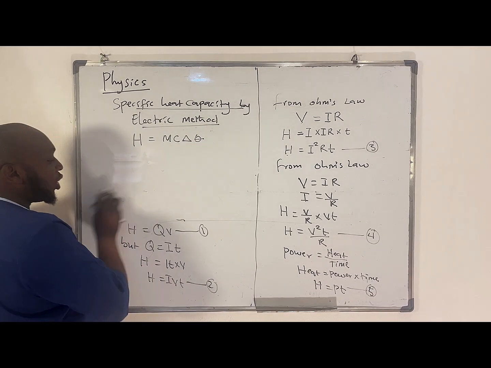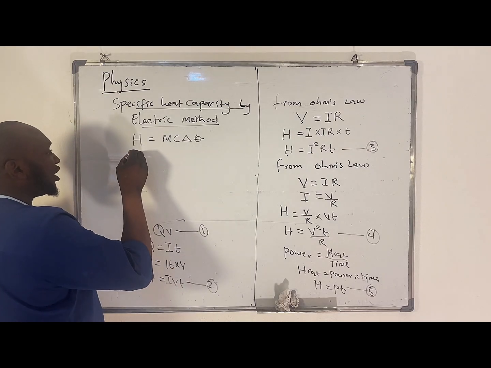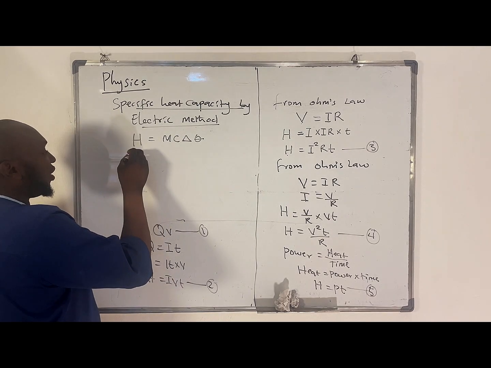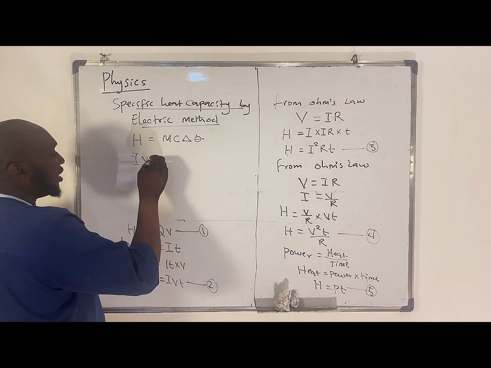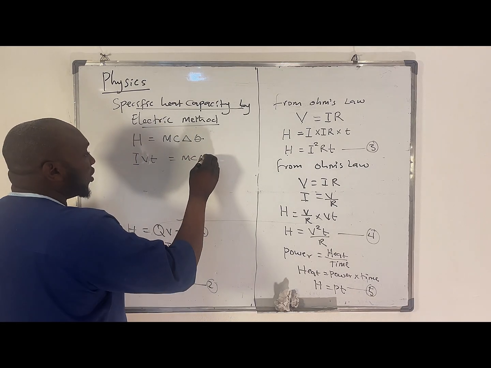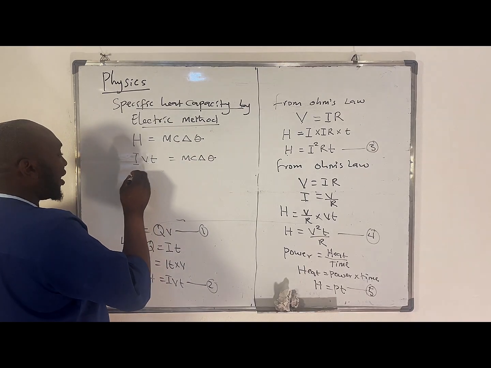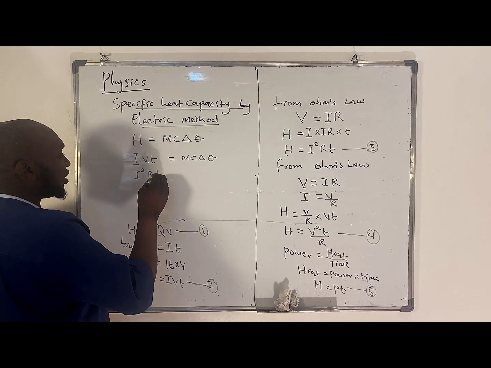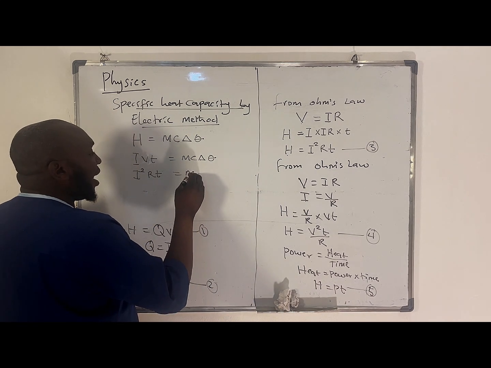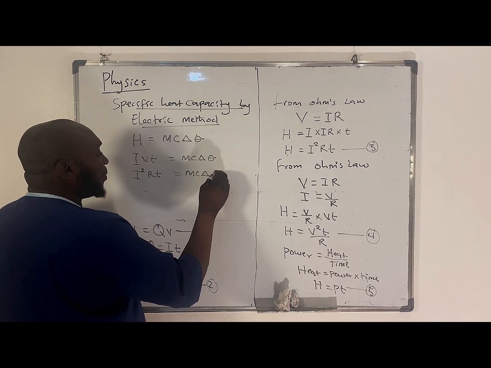Based on this, from the first one, H is IVT, so IVT is equal to MC change in temperature. I squared RT, which is another formula for heat, is equal to MC change in temperature.